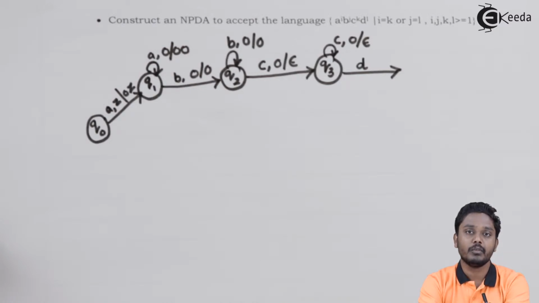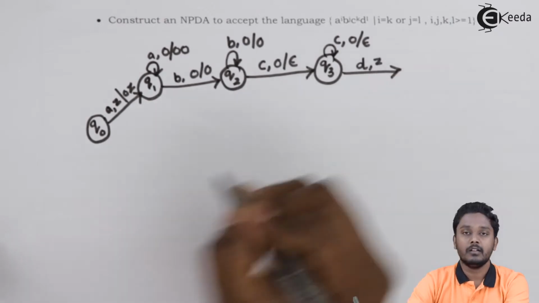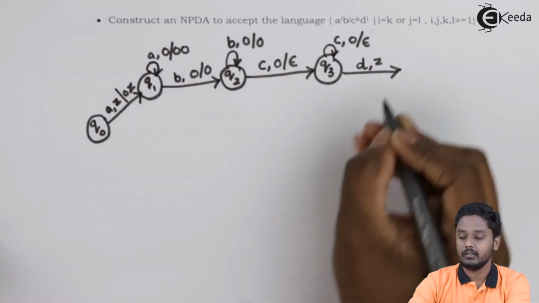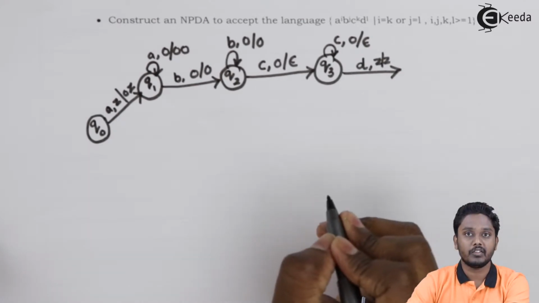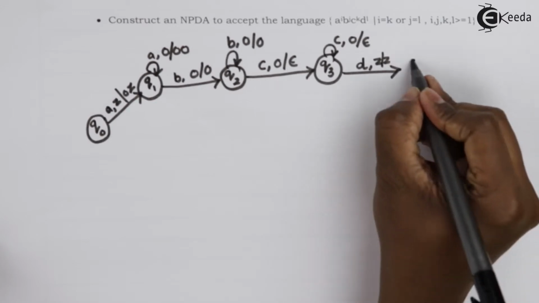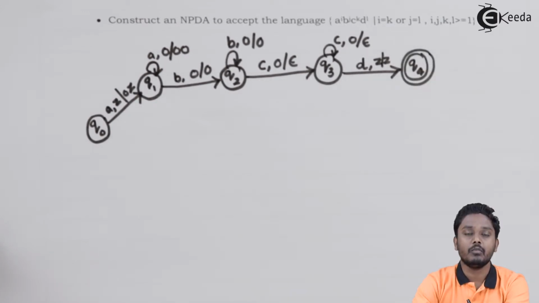So all the zeros pushed while encountering A would be removed while encountering C. We'll keep the Z as it is, and we go to the final state. Let us say the final state is Q4. Over here, whatever number of D's are coming up, we can just ignore it.